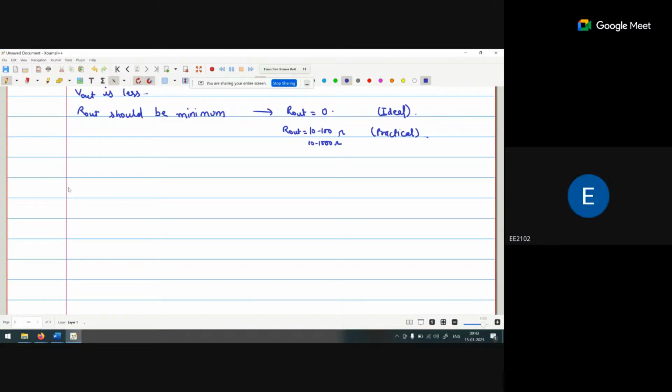Now, ideally, in most of the scenarios we discuss, we are considering that my operational amplifier will be working with negative feedback.